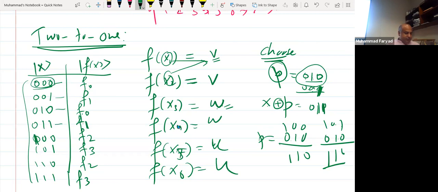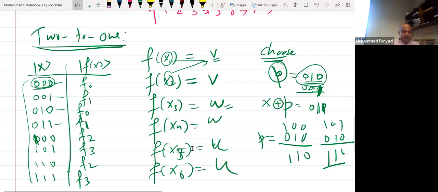And then we XOR the input with some bit string P, and for the same bit string for which X and X plus P give the same output, we get this function.